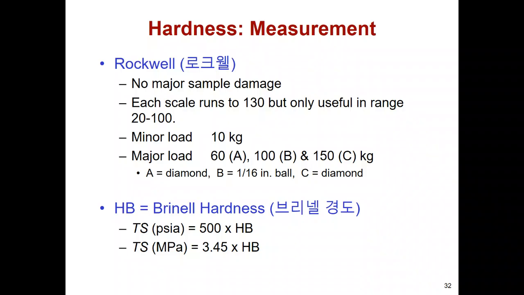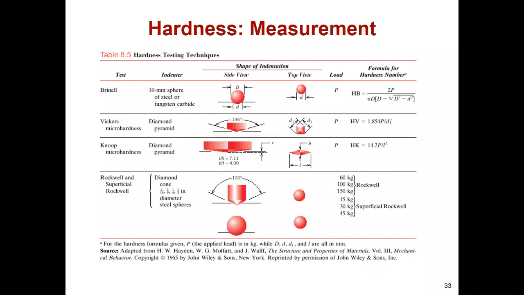The minor load is 10 kilograms, and the major load we can increase slightly, and in that way we can define it. There is also Brinell hardness. I'm going to skip the details about how to measure hardness, but there are many ways, and the details are tabulated here.